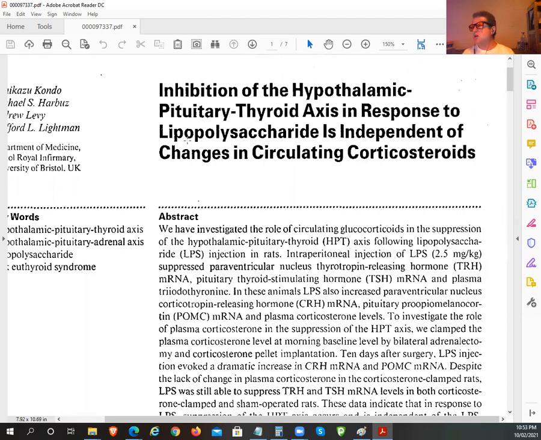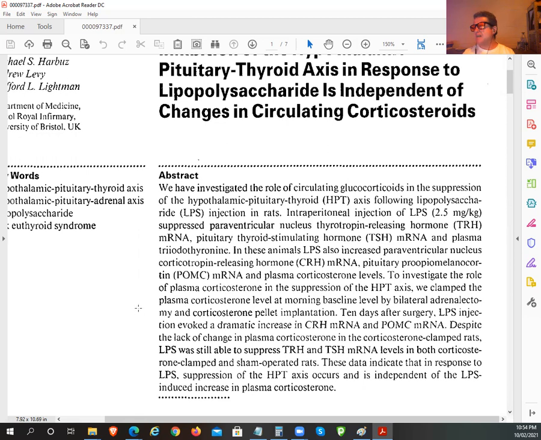So: inhibition of hypothalamic pituitary thyroid axis in response to lipopolysaccharides is independent of changes in circulating corticosteroids. So there's been talk in the past that corticosteroids and all that may have an effect on that, but here we can show independently that even though these corticosteroids can actually change, they don't affect the negative effects.